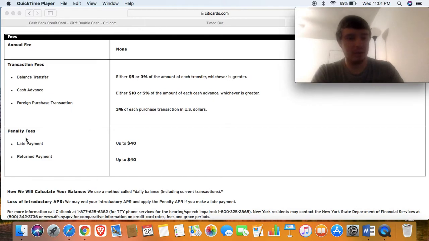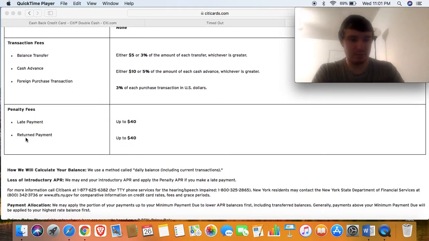Then we go into penalty fees. Now, there are different penalty fees, and Citi's only got 2, but some credit card companies may have 3, 4, 5, 6 different penalty fees. So this is why you read the terms. But they have a late payment, and all that means is if your payment's due on Monday at the end of the month and you pay on Tuesday, they're going to sock you with a $40 late payment fee.